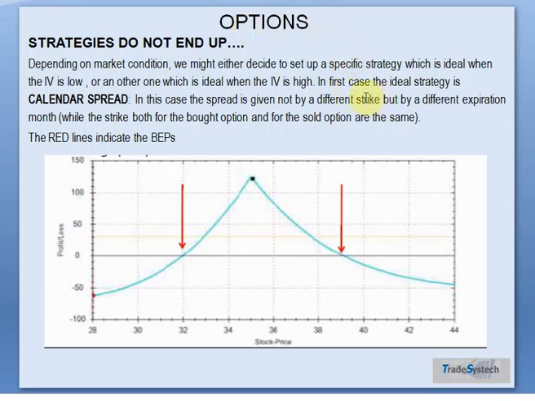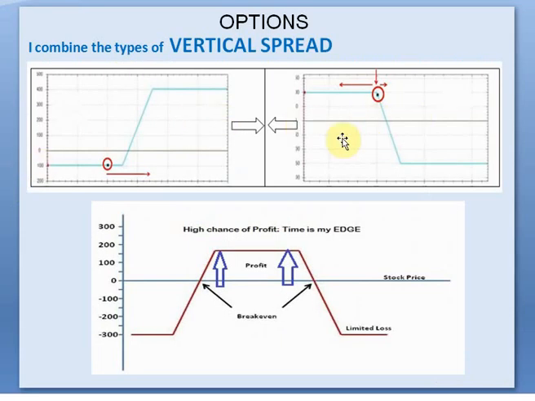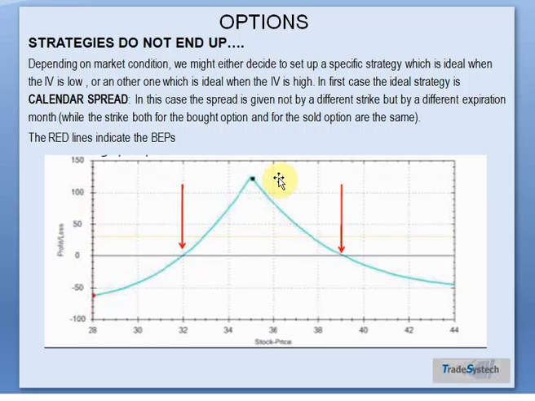So, for example, in case the implied volatility is pretty low, the ideal strategy in such a market condition is called calendar spread. In this case, the spread is not given by different strikes as we did for the vertical, but by different expiration months. The strike is the same, and it's an ATM strike.